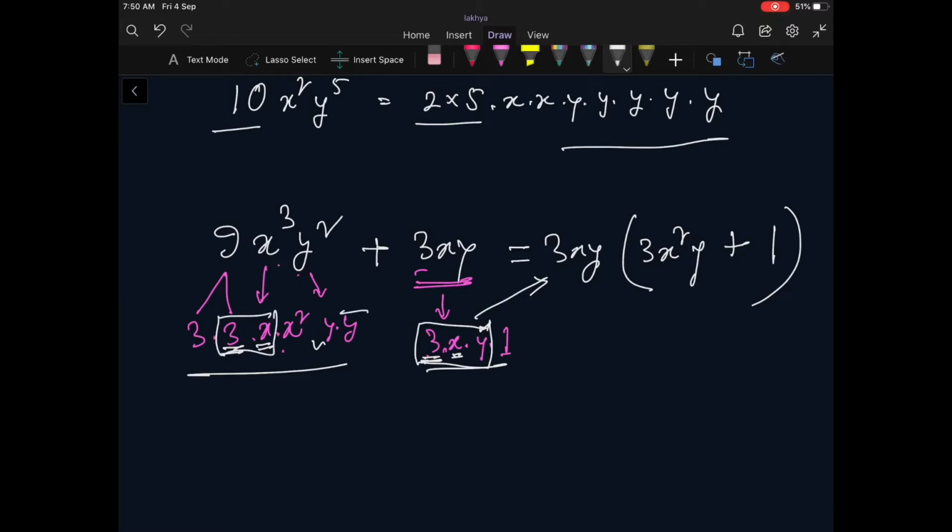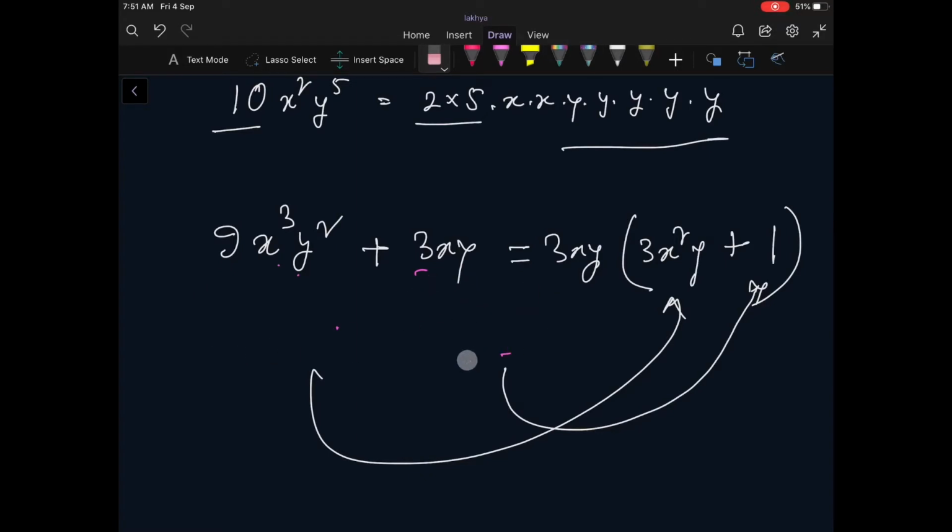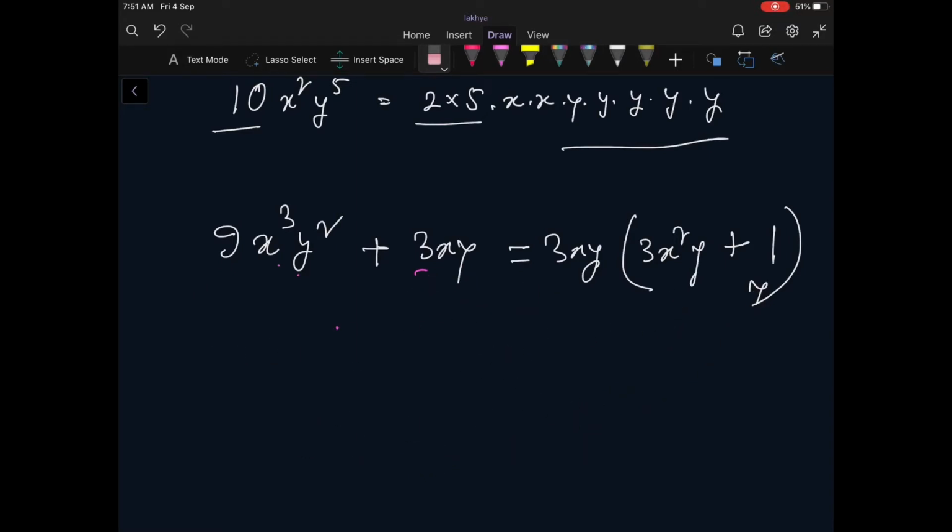Let me erase the common part now. This is the common part I have cleaned. Then what are the terms left? Thrice x square y, then it is 1. That's how we can factorize a binomial. So hope you have understood this. This is our result.